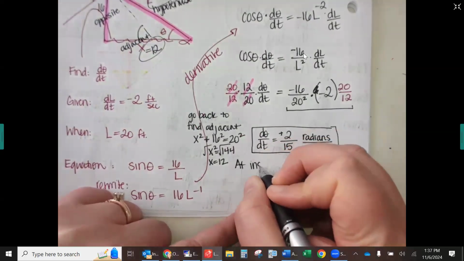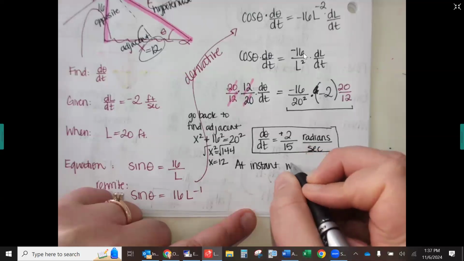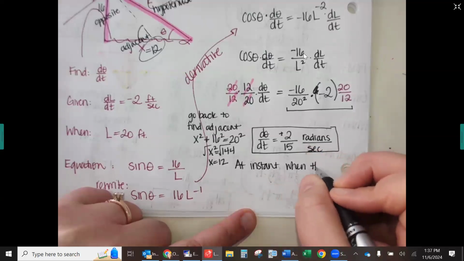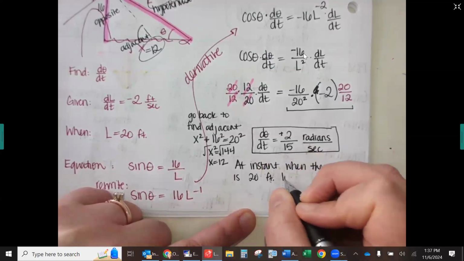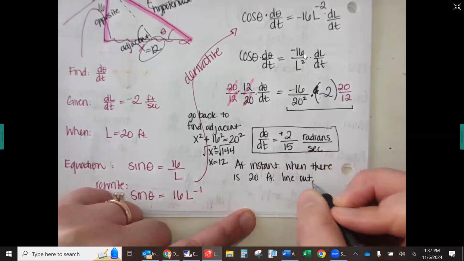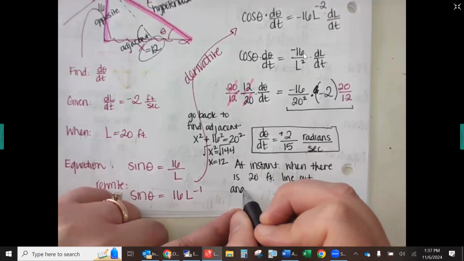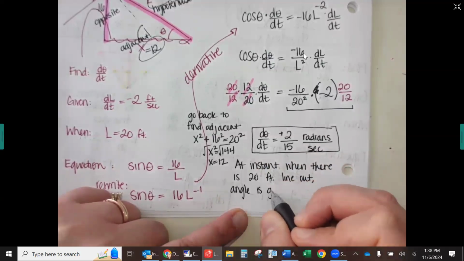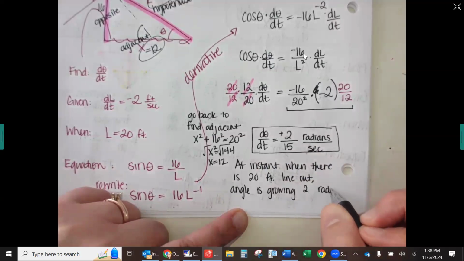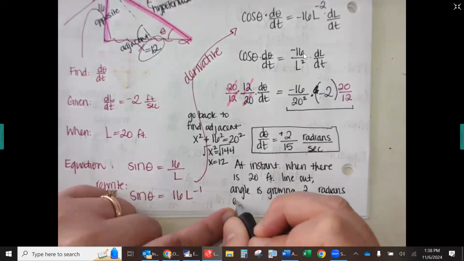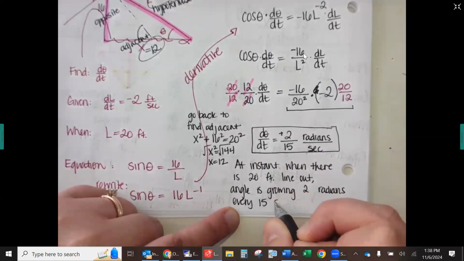At the instant when there is 20 feet of line out, the angle is growing 2 radians every 15 seconds.